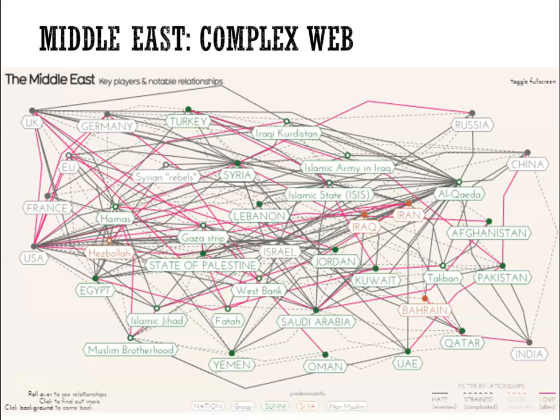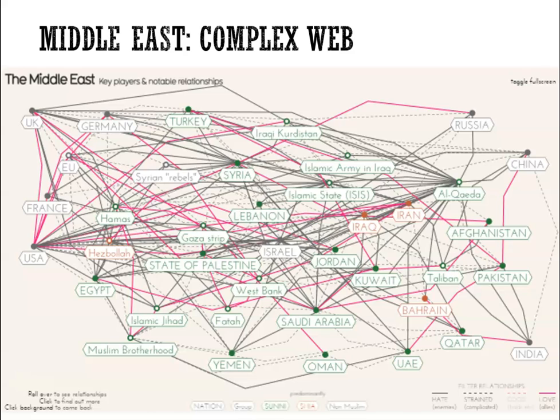Okay, the EU. On the right, you have powers such as China, India, Pakistan, Afghanistan, Russia. And then, of course, in the center part, obviously at the center of a lot of this is Israel, as you can see, pretty much in the center there.